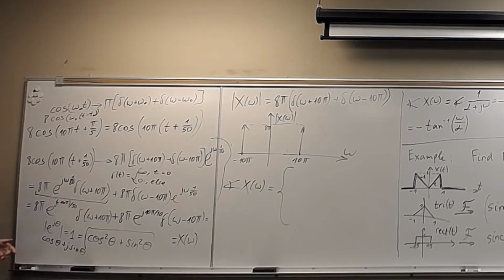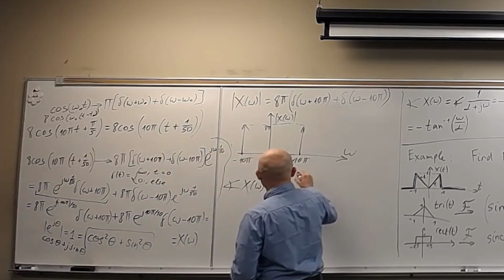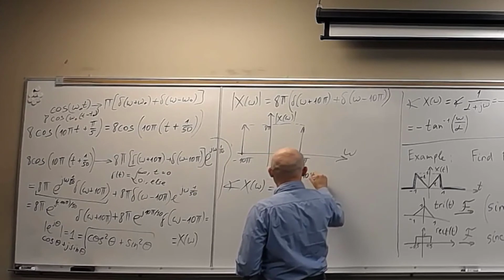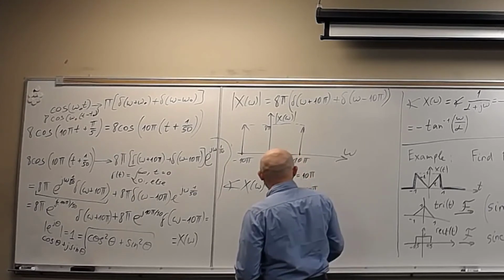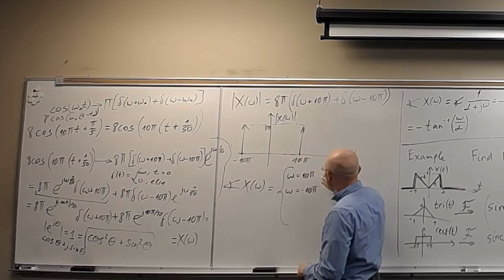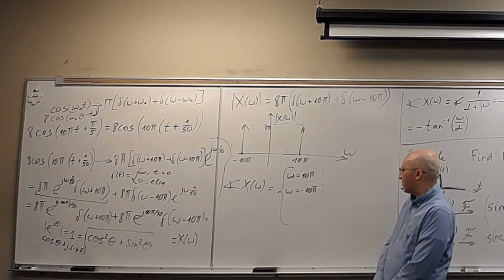How about most of the other numbers, except 10 pi and minus 10 pi? It's still 0. So what is the angle of 0? Yes, it's 0. The only difference is when omega equals 10 pi and omega equals minus 10 pi. Those are some points where you can have some difference.